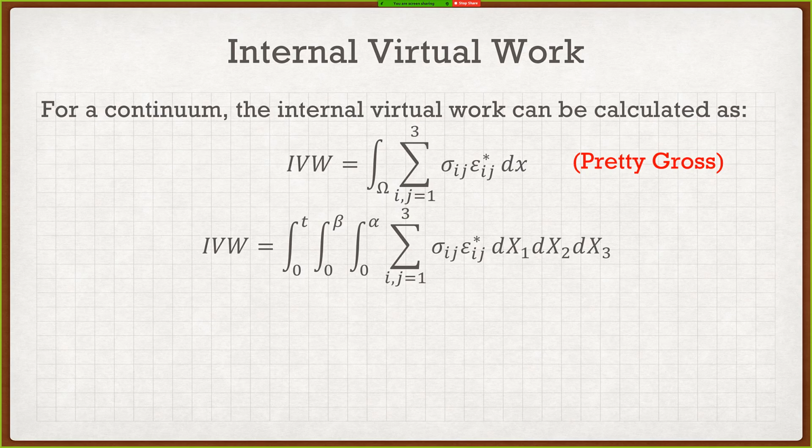So even though this integral looks pretty scary, it's actually not too bad once you guys realize, oh, I'm just integrating over the volume. But if I were to take a step back, look at this equation as a whole, well, it's still pretty gross. And the reason why is we have a big summation in there of basically the stress tensor components multiplied by the virtual strain component. So in this case, I don't like i's and j's. I like it in terms of actual numbers.